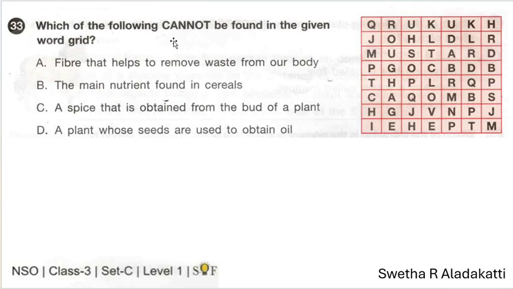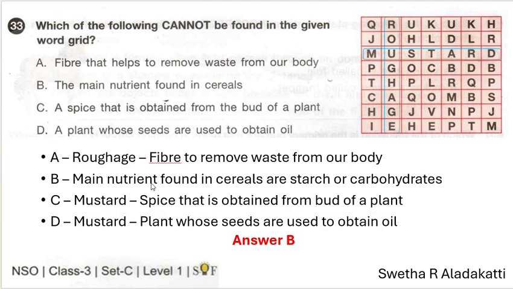33. Which of the following cannot be found in the given word grid? Let's see the answer. So, roughage and mustard are two words formed here. Yes, there is also a love here. Love you. Now, roughage is a fiber that helps remove waste from our body. A is found.